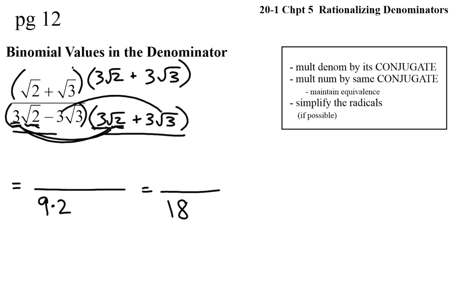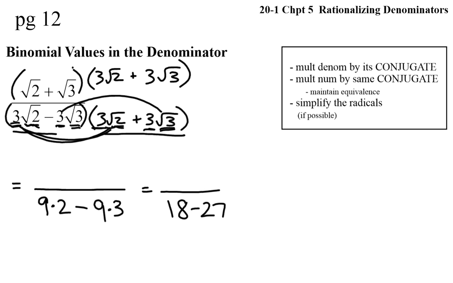Multiply the last terms, because the outside-inner multiplying isn't necessary. Here, we're going to subtract. 3 times 3 is 9. Root 3 times root 3 is just 3, so we get 9 times 3, or 27.